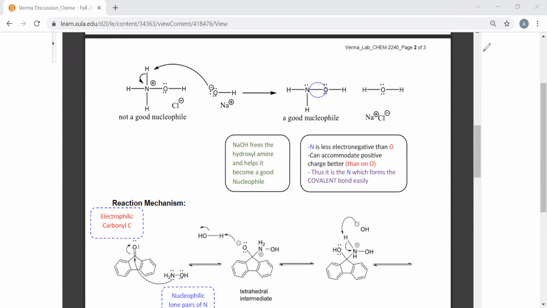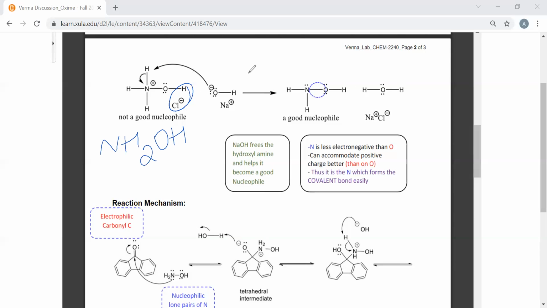Next, because we cannot have hydroxylamine on its own, we usually get the salt of it, the salt with hydrochloride.